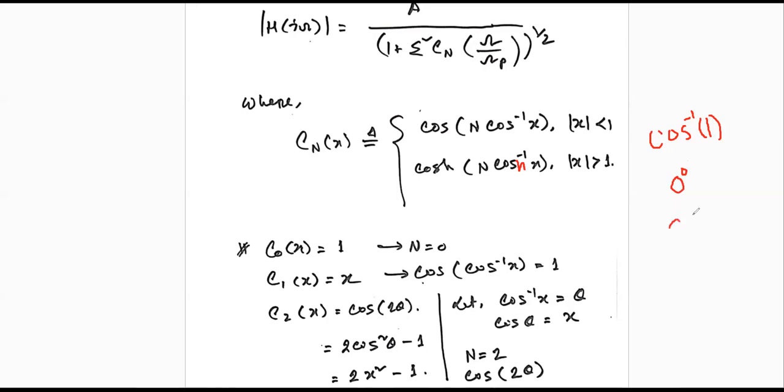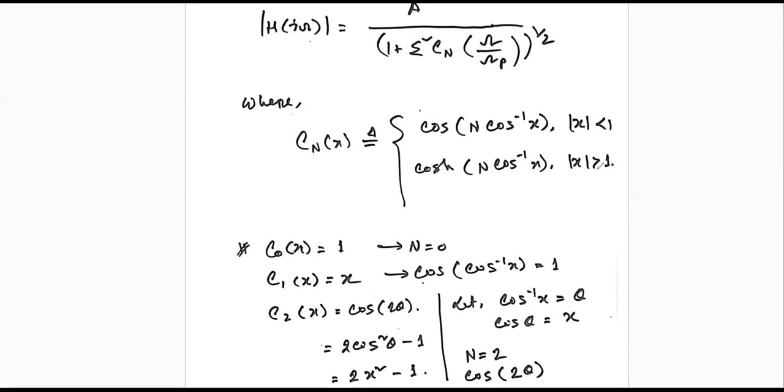And what is cos inverse 2? Is that possible? No, this is not possible. When this is more than 1, there is no cos function. Then we need to introduce the cosh function. So it will be h. Of course, there is a mistake. Cosh n cosh inverse x for when x is greater than 1.